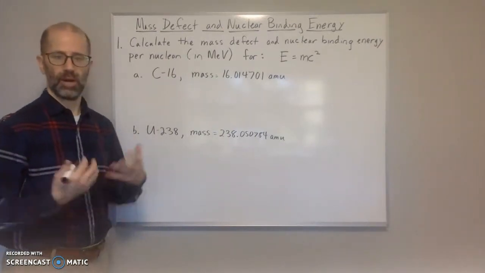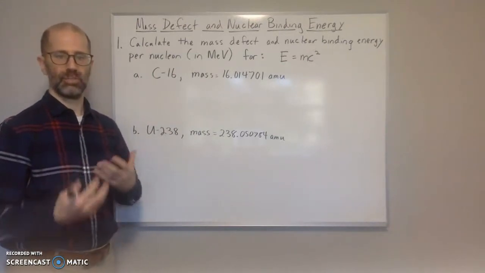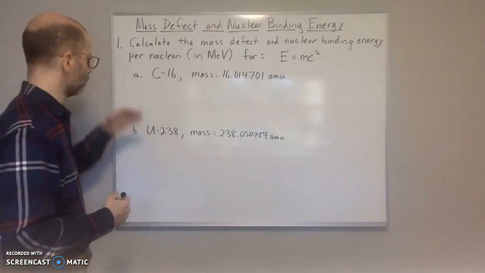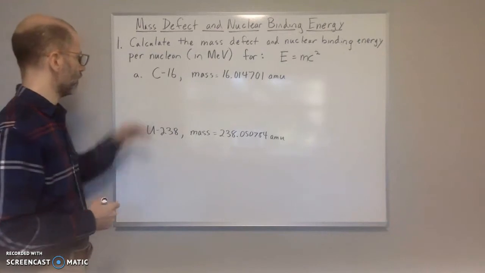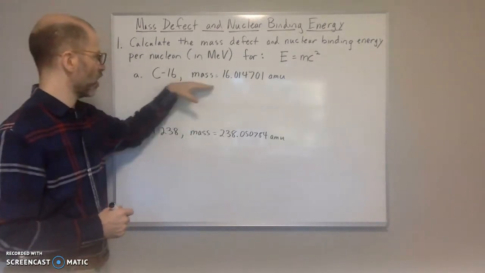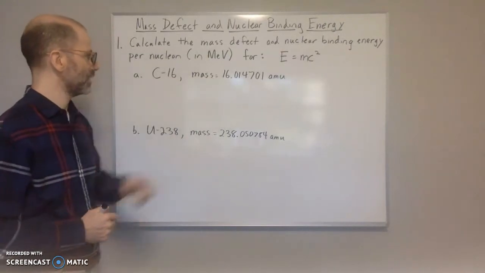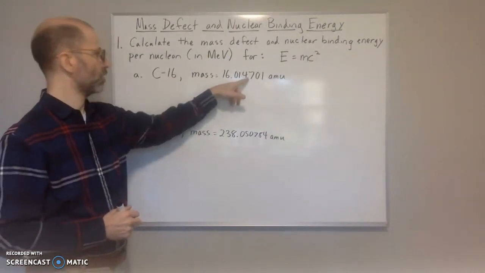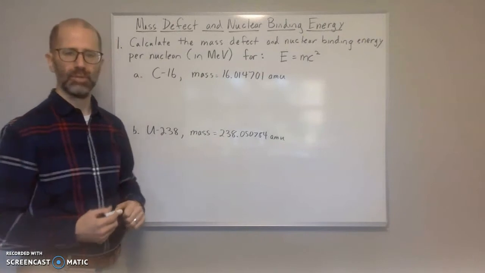And then we're going to find out, well, how do you figure out the binding energy per nucleon? Okay, so let's start with our first one. Carbon 16, we're given the mass of a carbon 16 isotope at 16.014701 AMUs.